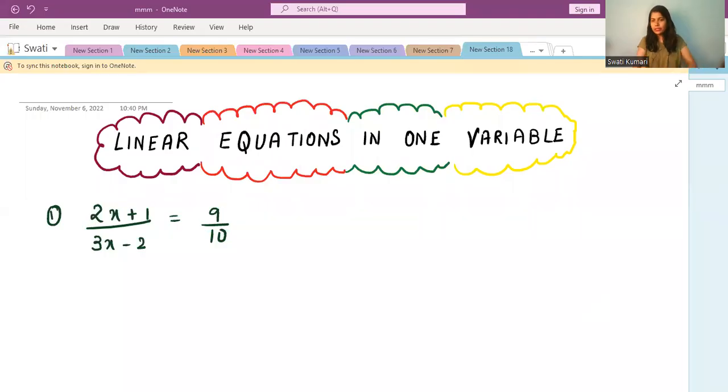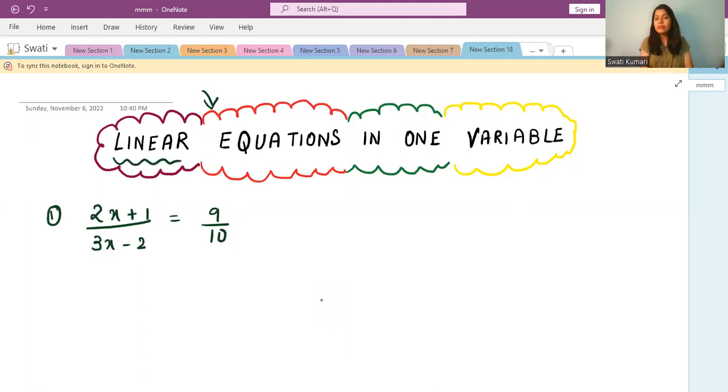And there we go. As you can see, our first question is (2x plus 1) upon (3x minus 2) equals 9 upon 10. Here you have to solve this equation, or you can say we have to find the value of x. Let us first understand the meaning of this topic, linear equations in one variable. Linear means the degree is 1.